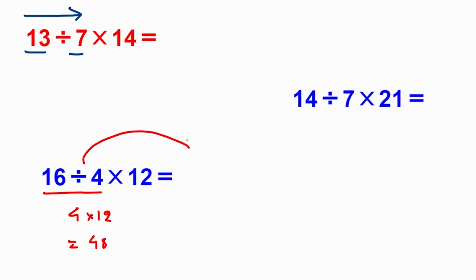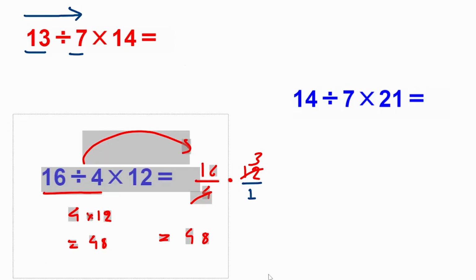Or we can convert it into a fractional form. 16 over 4 is the same thing, and it has to be multiplied by 12. It doesn't matter whether we divide the 16 by 4. If I divide this, it's going to be 4 times 12, same 48. Or we can divide the 12 by the 4, because the numerator always can be divided by the denominator. And the answer is 48.